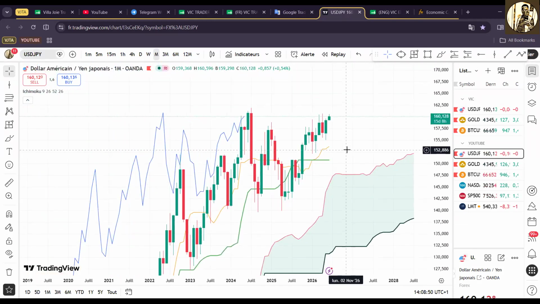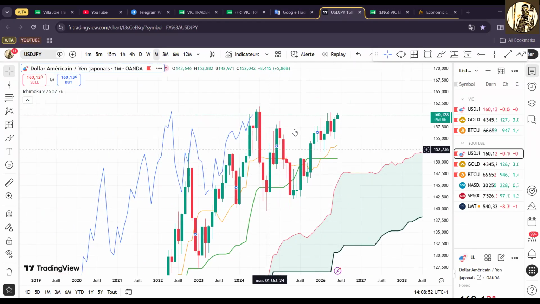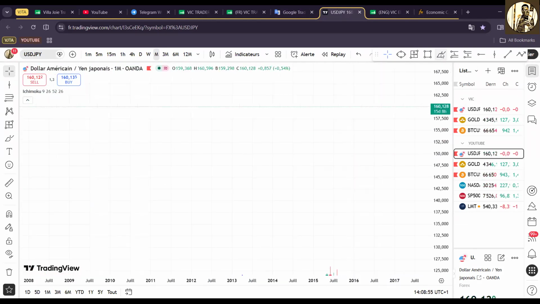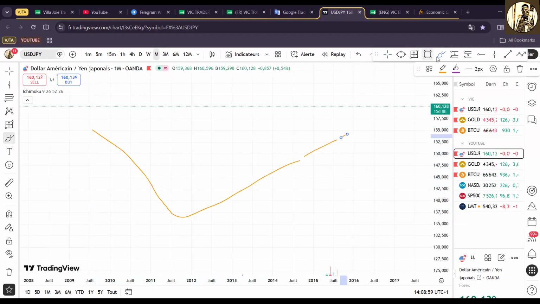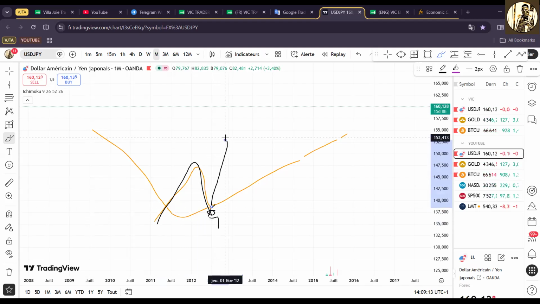So each time Tenkan is touched, what we will be doing is this. If Tenkan were going back to the downside, then go to the upside, when Tenkan is touched for the first time, like this, this will be the first setup. And then the take profit is a little bit above there.